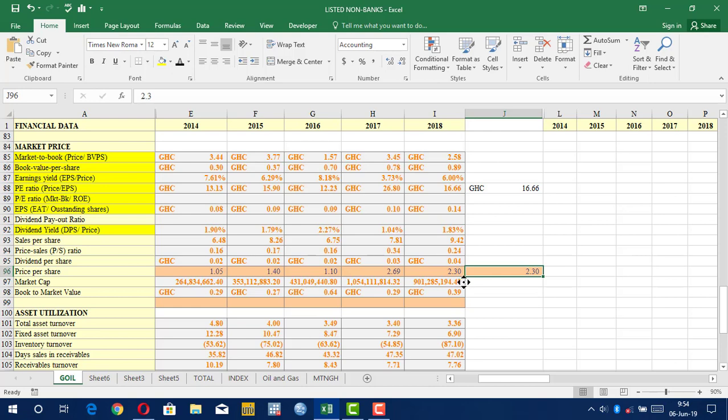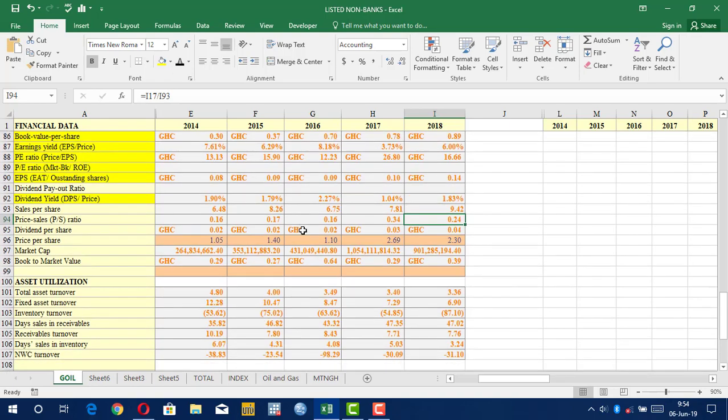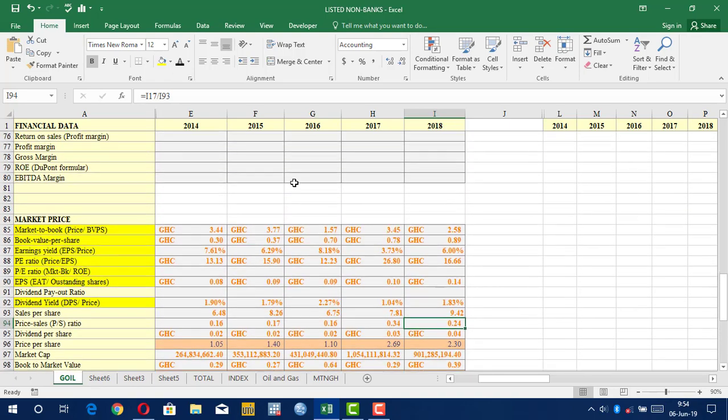All right, so viewers, this has been some basic analysis or basic ratios that we have explained using the performance of GOIL as a listed company.